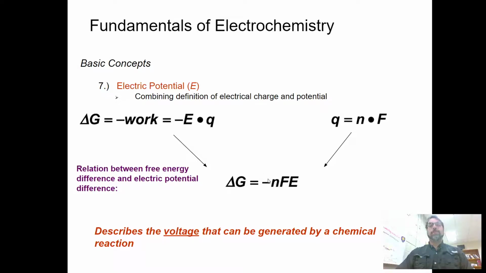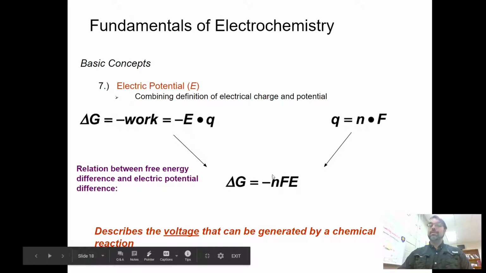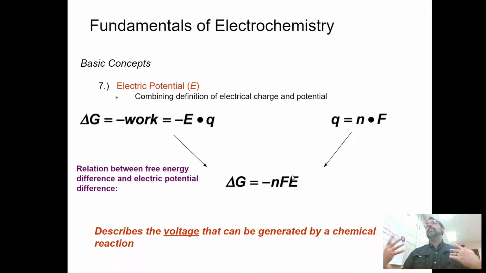And it equals N, which is the number of moles, which is conceptually easy for us: the bigger the battery, the more work we can get it to do, times a constant that we're not even going to worry about, times E, which is the cell potential, okay? And this is what makes up the battery. So we have how much of the stuff there is and what makes it up. And today we're going to figure out how we calculate the math for that right here, okay?